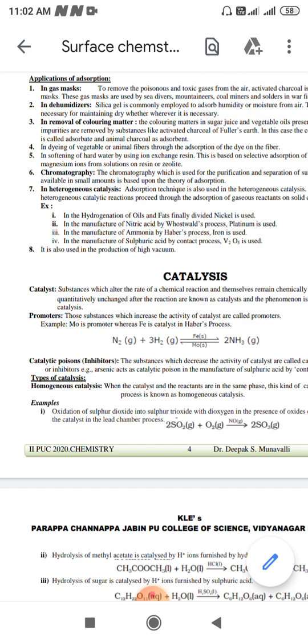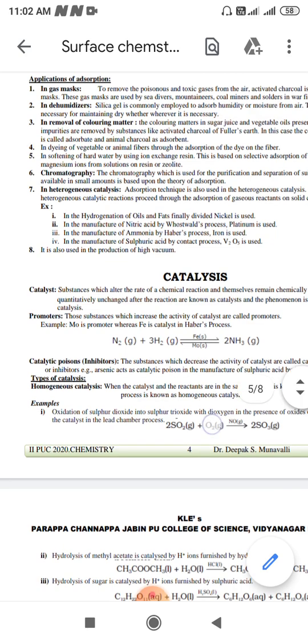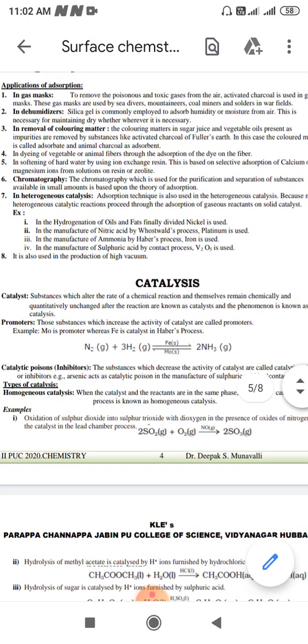As there is a substance which can increase the activity, there must be another substance which may decrease the activity of a catalyst. Such a substance is known as a catalytic poison or catalytic inhibitor. It is the substance which decreases the activity of a catalyst.